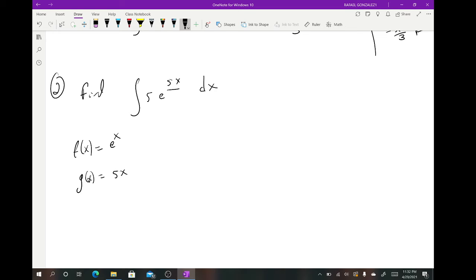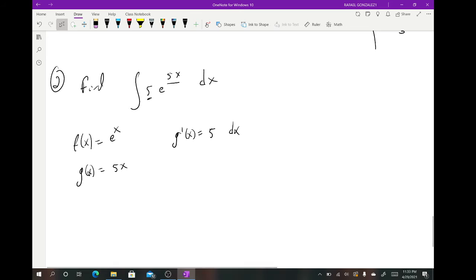And by the pattern recognition method, I need to find the derivative of g, and if it's there, then I can use it, but the derivative of 5x is just 5. So notice that I have a 5 here. Technically, I should be writing 5x dx. I should get into the habit now of actually writing the dx.